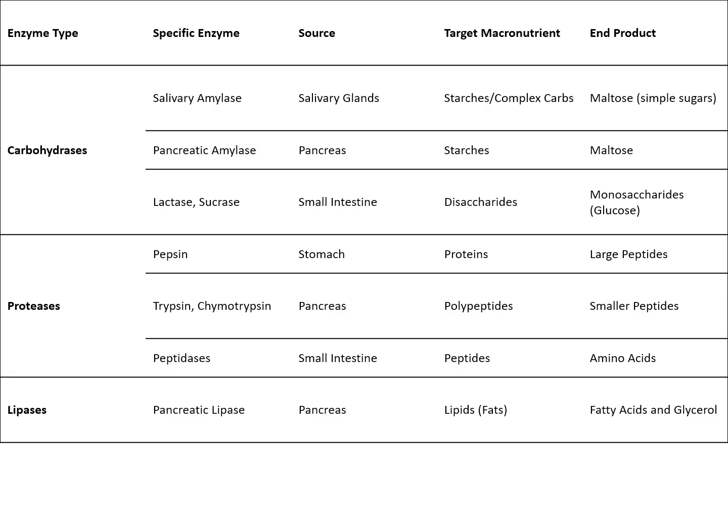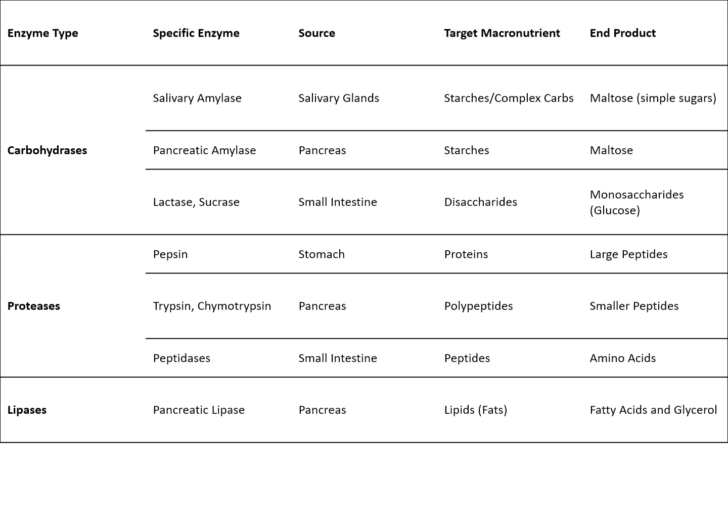They come from different organs. For example, the salivary amylase comes from the salivary glands. It targets starches and complex carbohydrates, which results in maltose and other simple sugars. The pancreatic amylase is the same but has a different source, which is the pancreas.